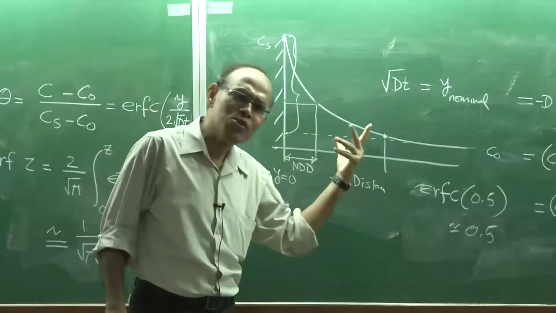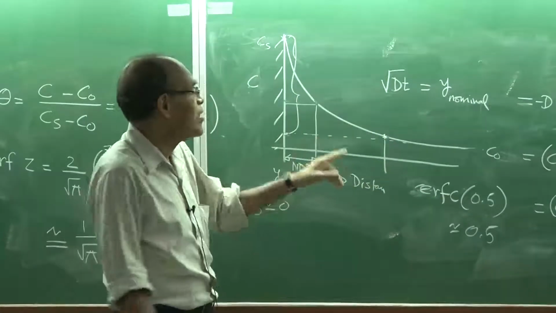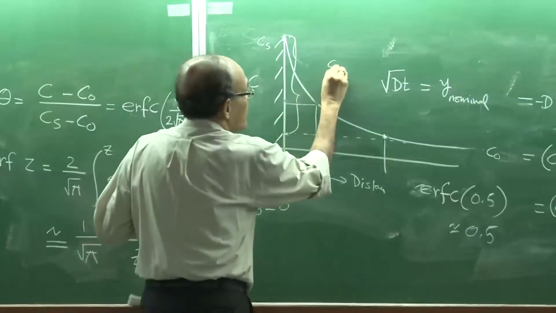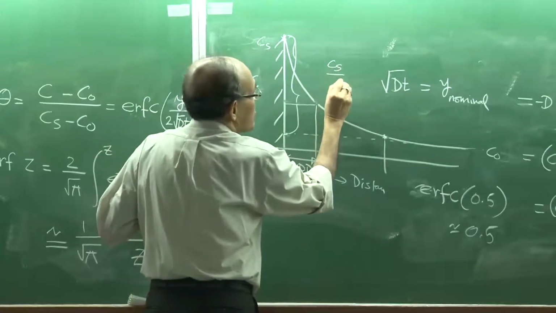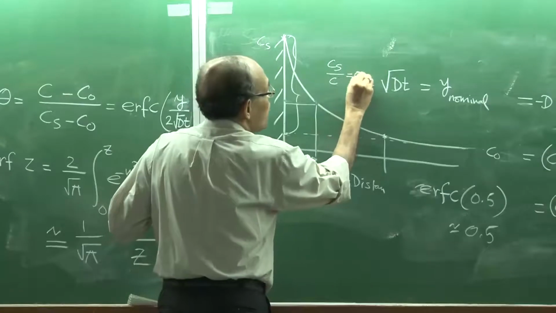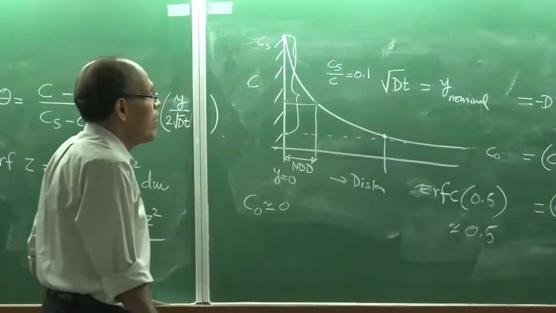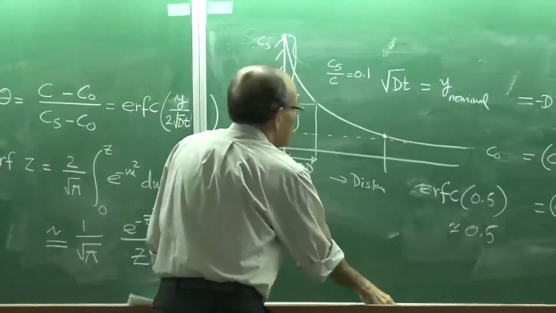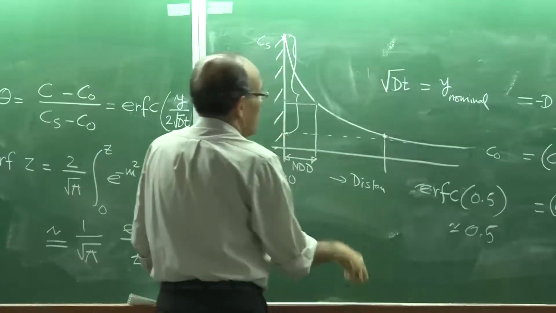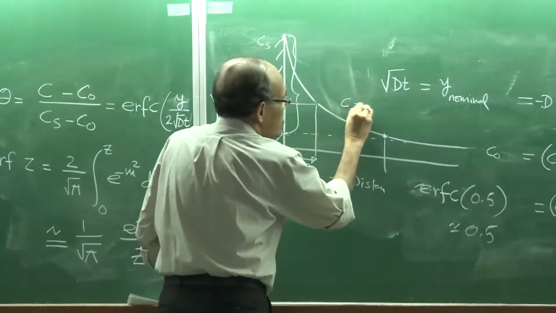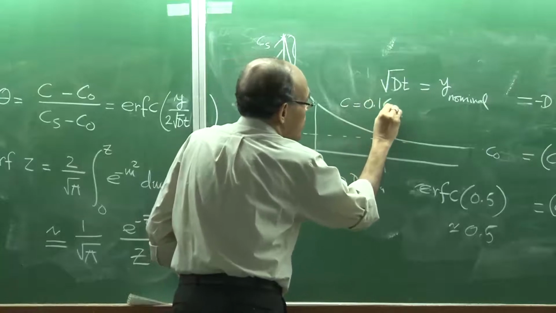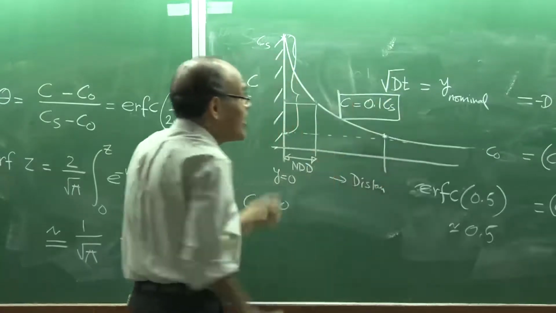You could also take 0.05, but customarily we take the location at which C by Cs is 0.1, or the concentration is 0.1 of Cs, that is the distance.